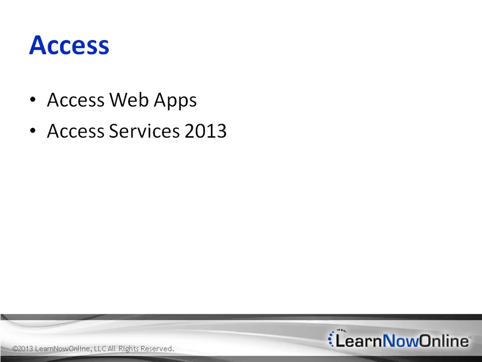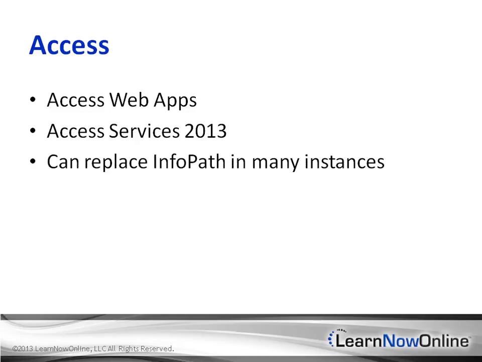And so it has been redone as a new service application called Access Services 2013. If you have old Access Services apps, you can have the 2010 style right alongside the 2013 style in the same farm. And this can replace InfoPath in many instances because it will let you build forms and have some macro capabilities and store the data in much the same way that InfoPath would.